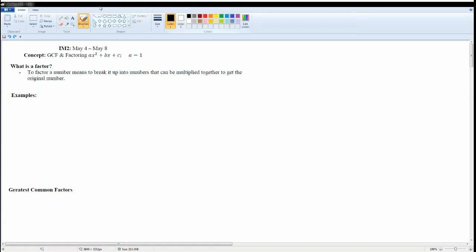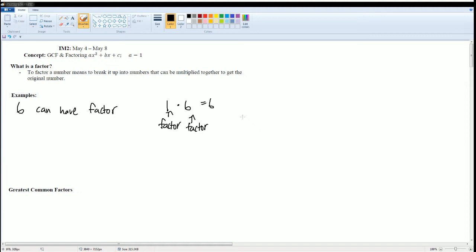We know that this number 6 can be broken up, can have factors of what? 1 times 6 equals 6. So this is called a factor, this is called a factor, and this is of 6, right? What else is also a factor of 6?